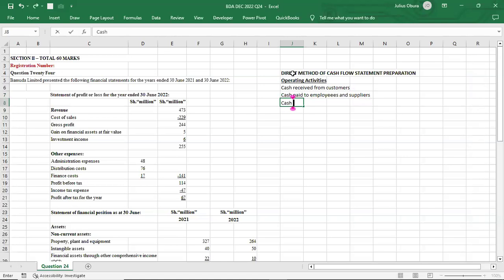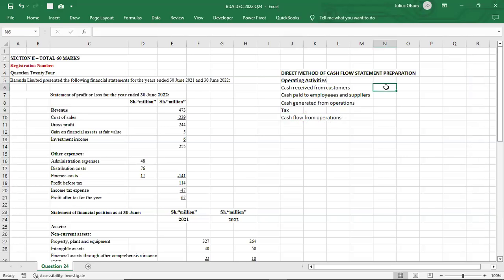We'll have our tax. And this will give us our cash flow from operations.